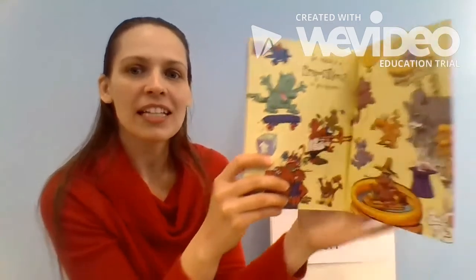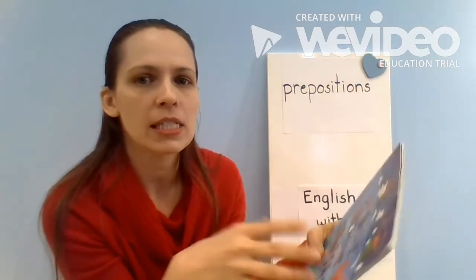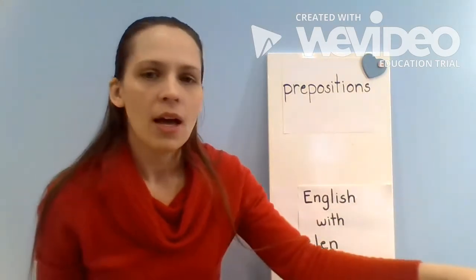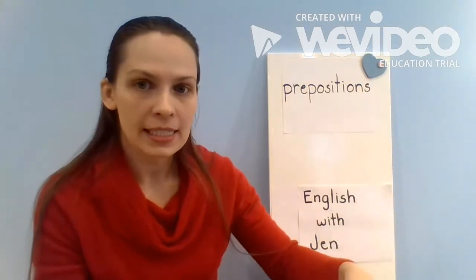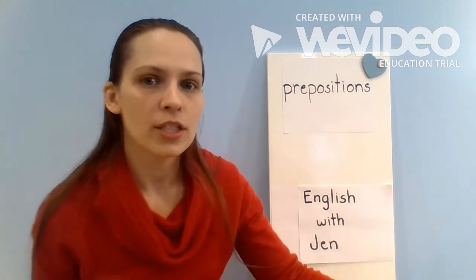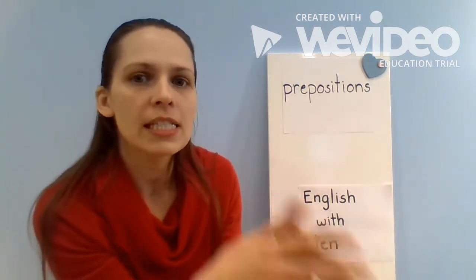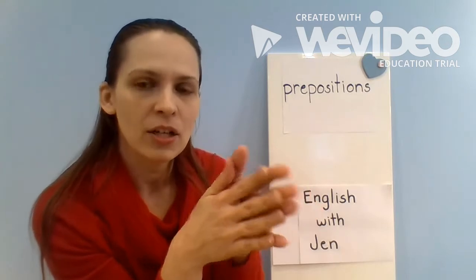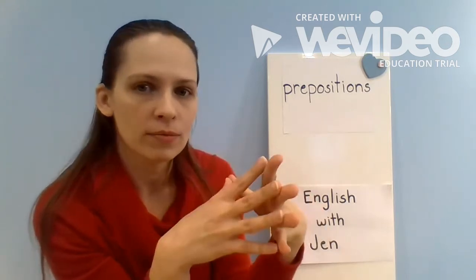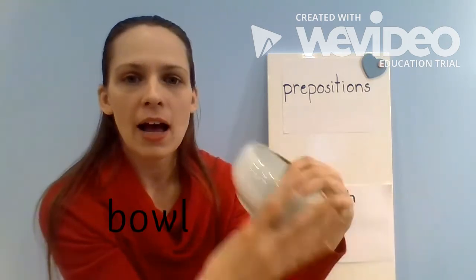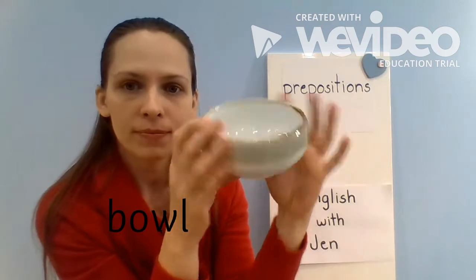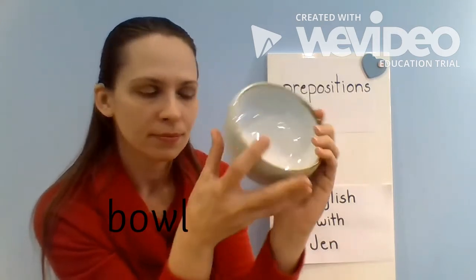Okay, so let's look more closely at some of these prepositions and practice them. I have some things, and we're going to specifically focus on prepositions of place, okay, where things are. Okay, so I have a bowl. This is a bowl.